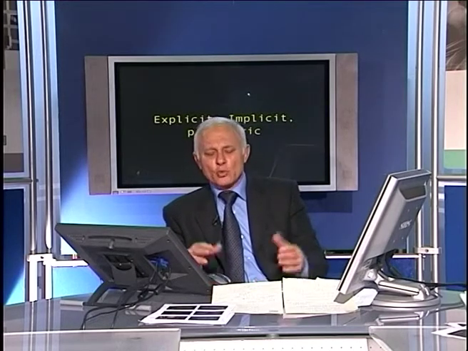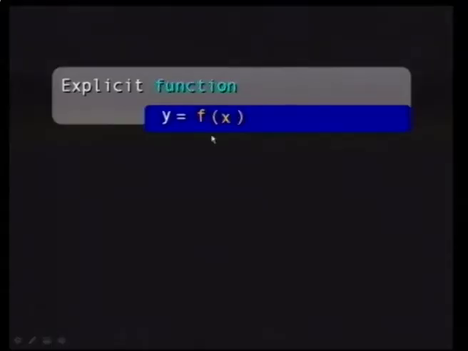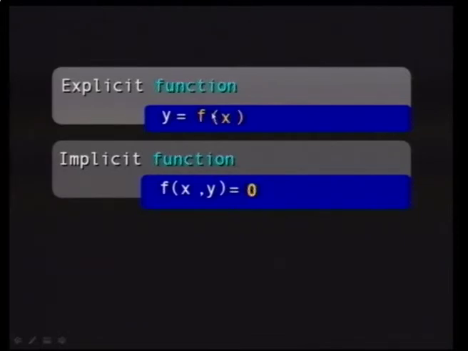Whereas the implicit function, when x and y are interrelated together. Whereas parametric, when, for example, you have another third parameter, for example, t, like in kinematics, and especially in other applications where you have x function of t and y is function of t. Now, for the first one, this is called an explicit function. You see the x on the right-hand side and the y on the left-hand side only. Whereas your implicit function, when you see x and y are related together, for example, e to the xy is equal to 3.